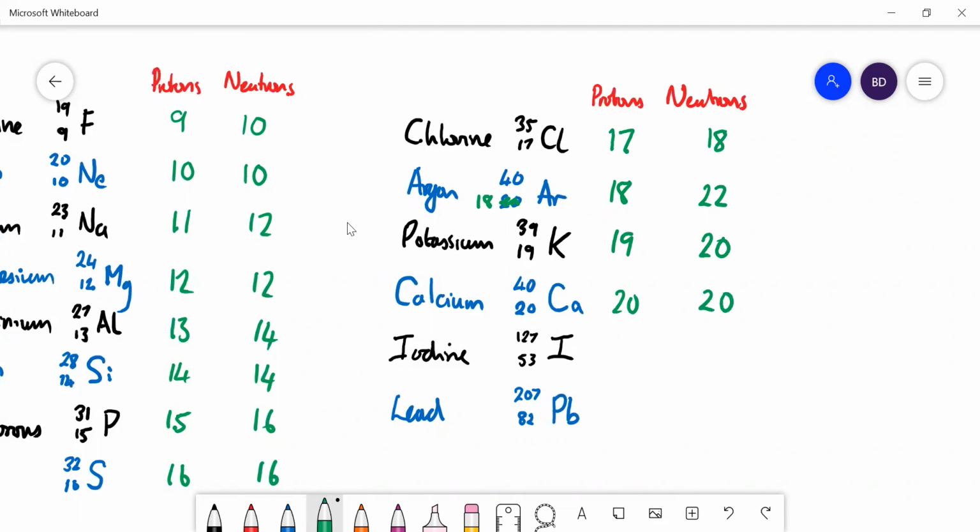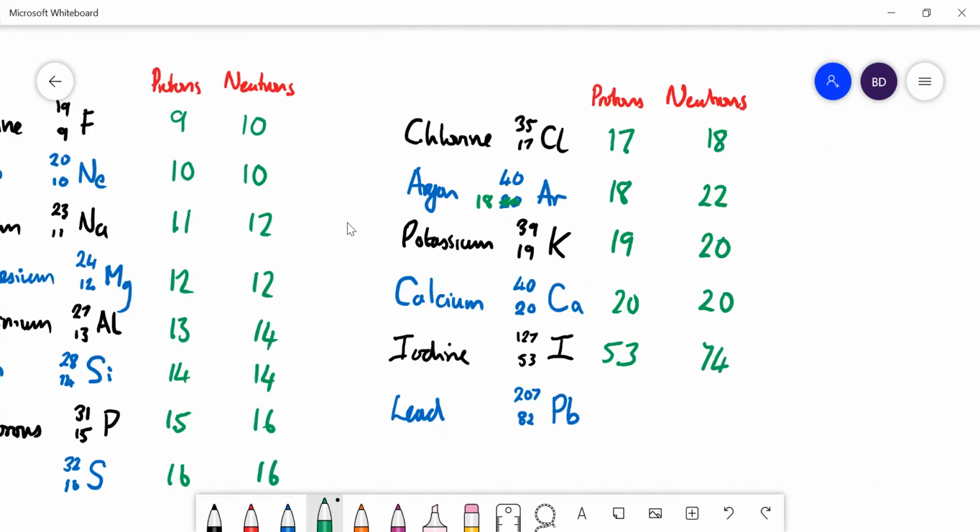Now, that's the first 20 elements. And usually the number of protons and the number of neutrons are about the same. Maybe sometimes the number of neutrons is 1 more or so. But as the atoms get heavier and bigger, you can see that they tend to have a lot more neutrons than protons. So look at iodine, which has got atomic number 53. So it's got 53 protons. So that means it has got 127 minus 53, it's got 74 neutrons.